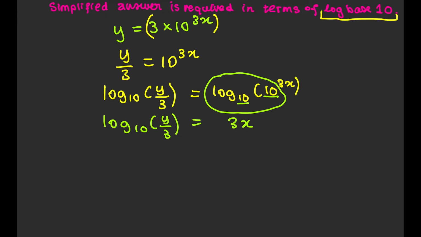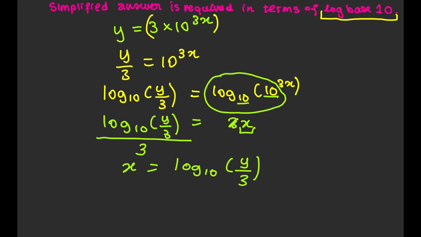Now simply to solve it like an equation, 3 and x are multiplied, so to remain x as a subject, we must divide the entire y with 3. So to get x alone, remove the 3 and divide this entire expression by 3. So we have x is equal to log base 10 of y upon 3 upon 3.